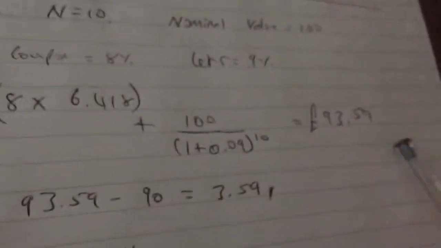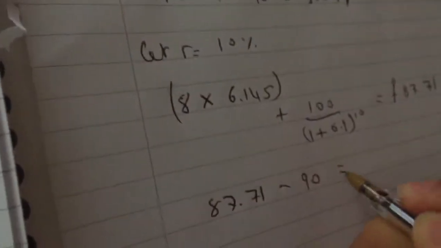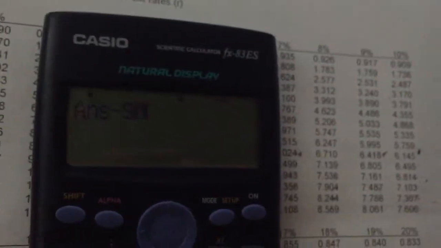And now again, what did we do? We got the value and we took it away from the price that they gave us at the start of the question. Same thing here, 87.71. Take away the price, 90 equals minus 2.29.